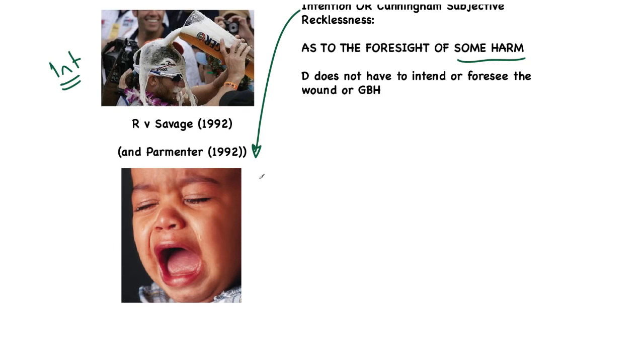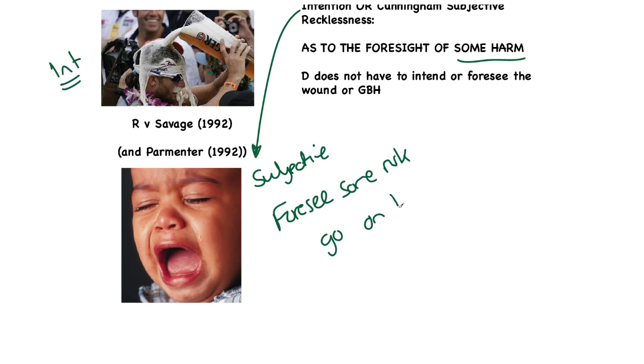The judge drops the case in Parmenter to an ABH because in terms of the recklessness, this is subjective recklessness. And in subjective recklessness, you'll be aware that you have to foresee some risk and go on to do it anyway.